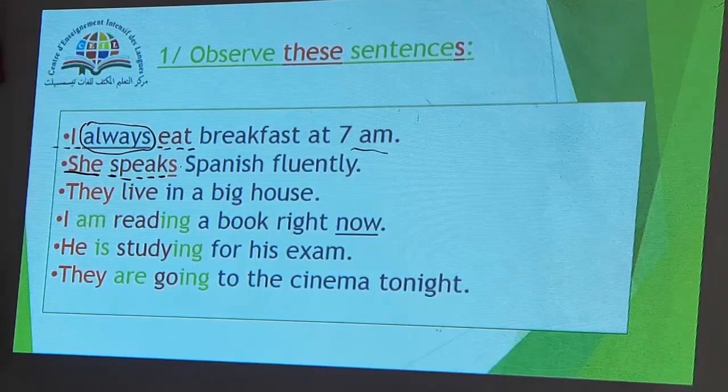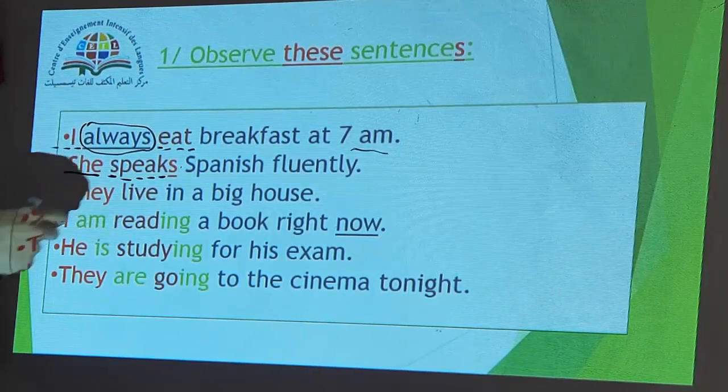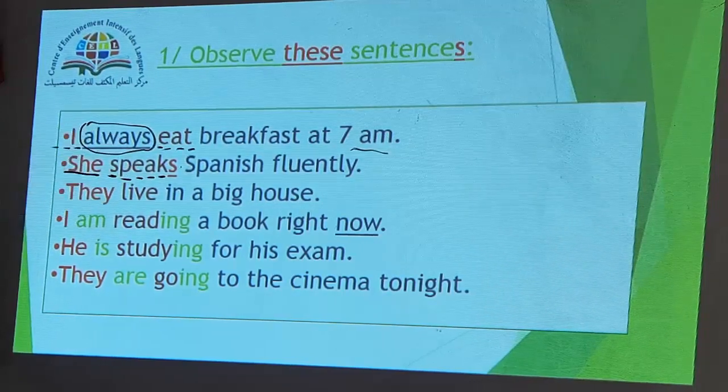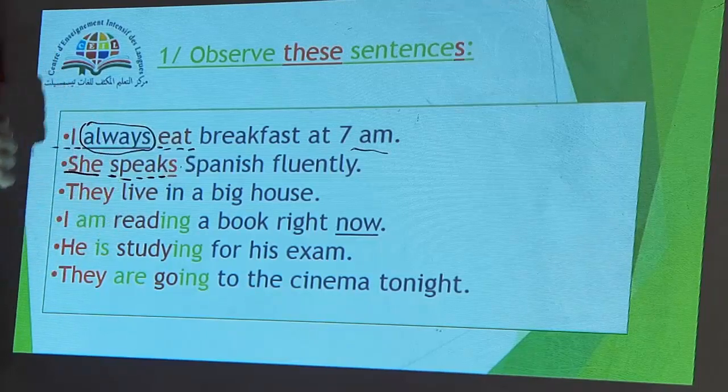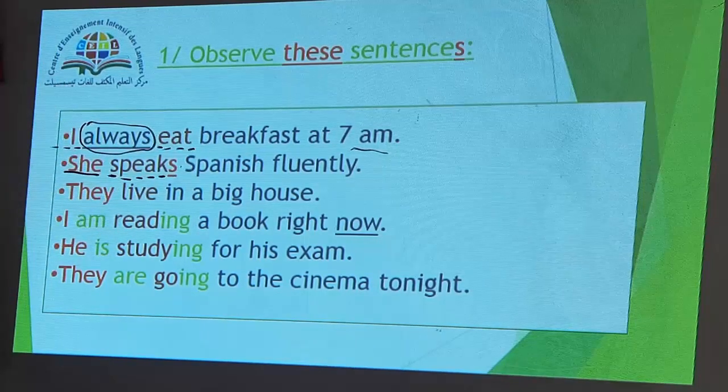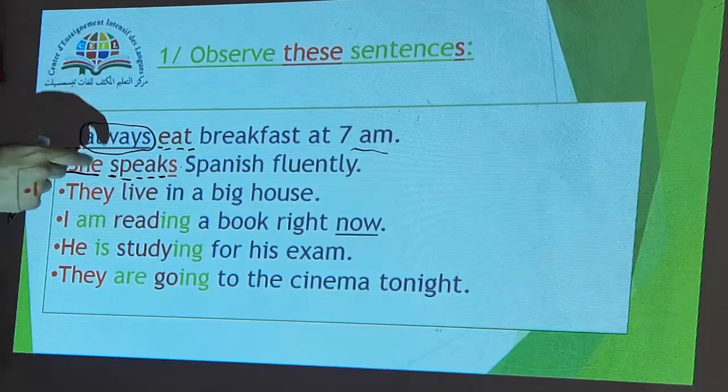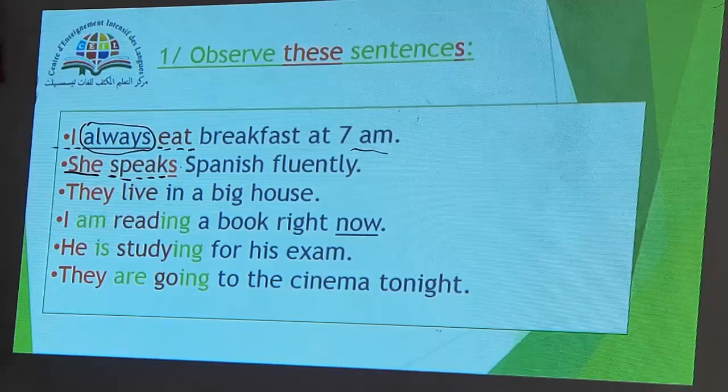So here we have used the present simple in order to express a fact about her. It means that Spanish is one of her abilities. So speaking Spanish for her is one of her abilities. Okay? Let's move to the third sentence.